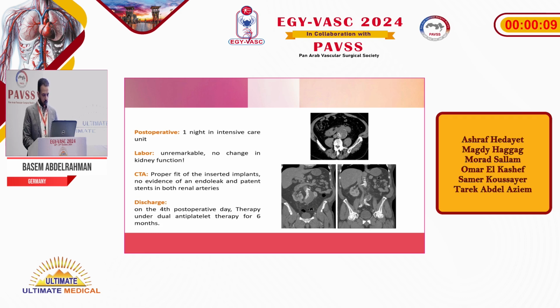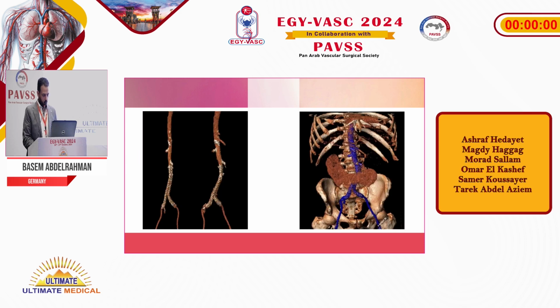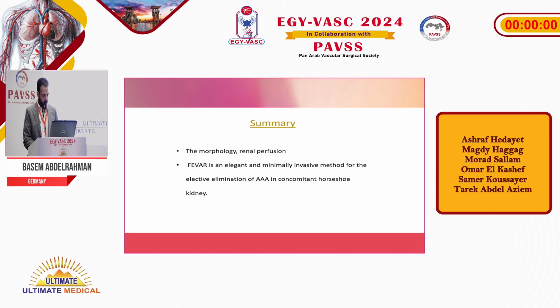Postoperatively, the patient had 1 night of intensive care, and labs showed no renal impairment. The CT control showed proper insertion of the endograft with no evidence of endoleak, and discharge was 4 days after the operation, with CT control months later.